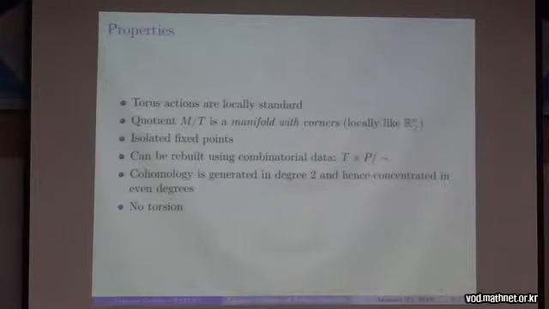We have isolated fixed points, and the manifold can somehow be rebuilt using a sort of global quotient construction from the combinatorial data, and all the cohomology is generated in degree 2, so this all appears in even degrees, and we don't have torsion.